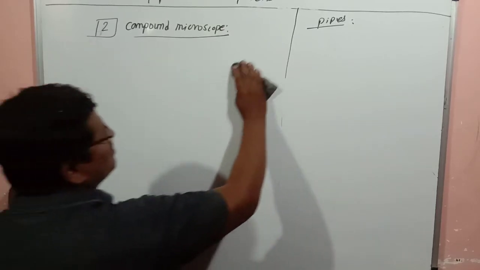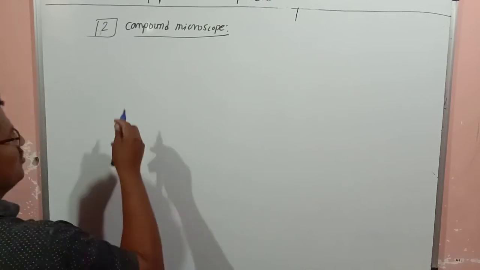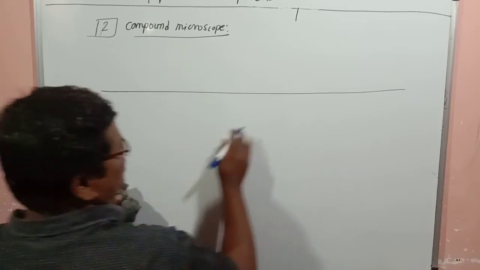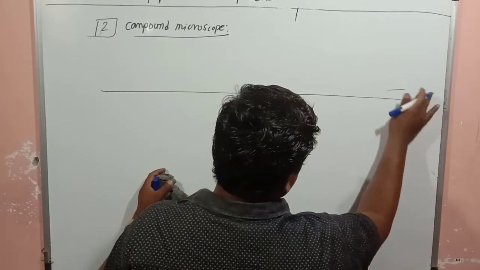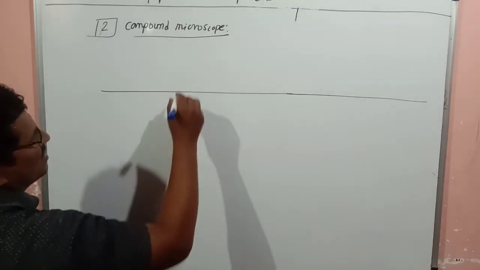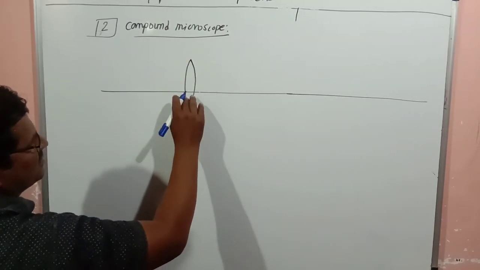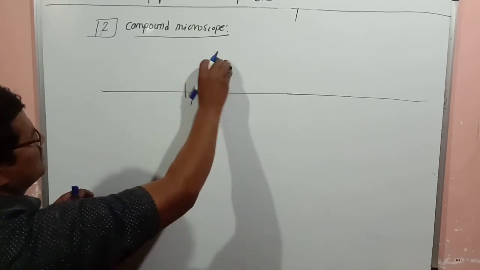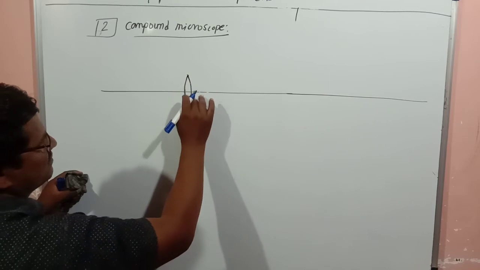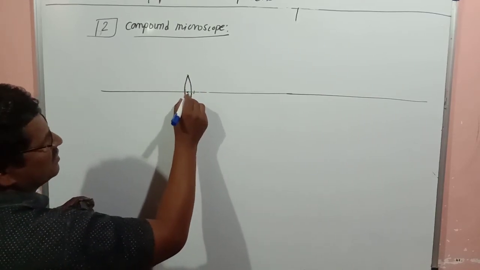First of all, take one long line, which will be the principal axis. Then take a smaller lens, with its optical center.